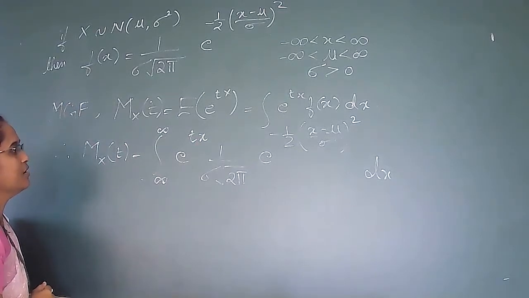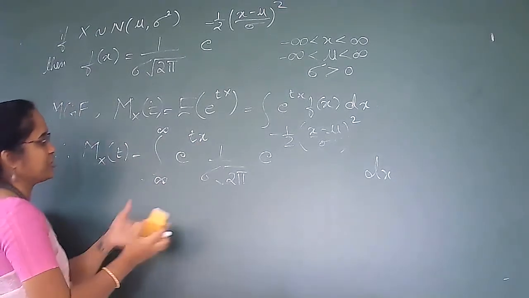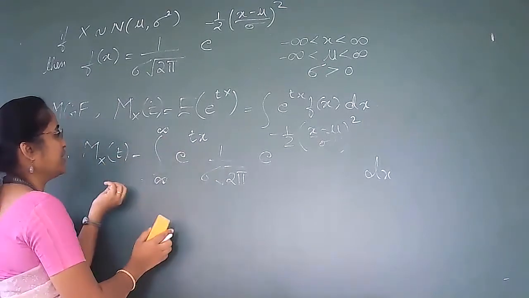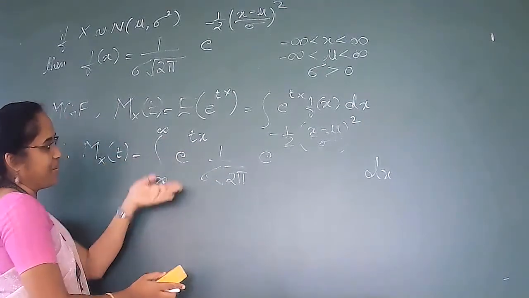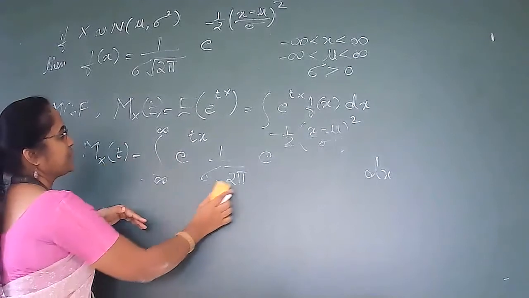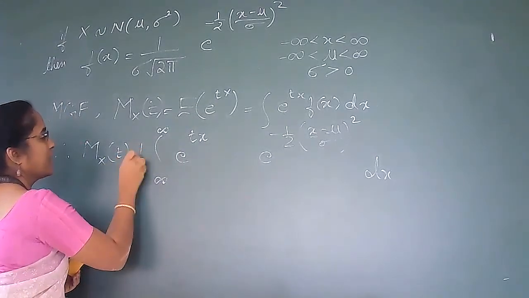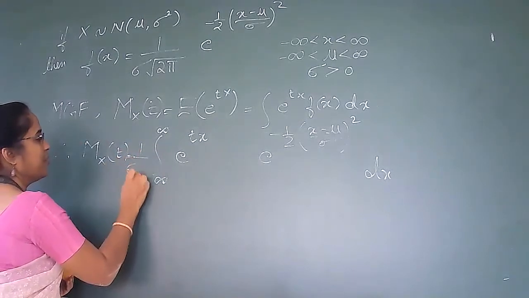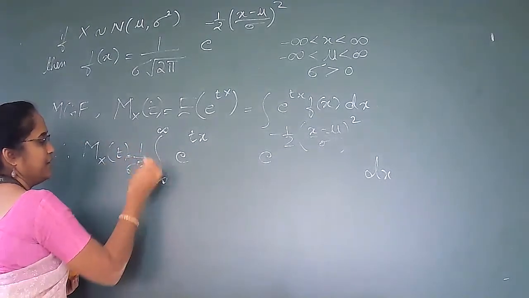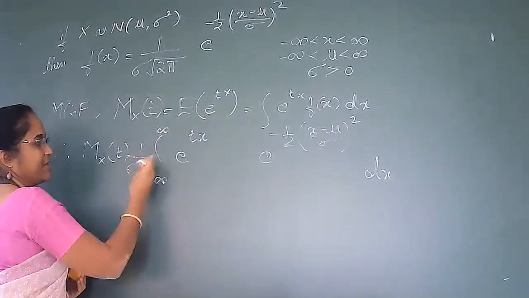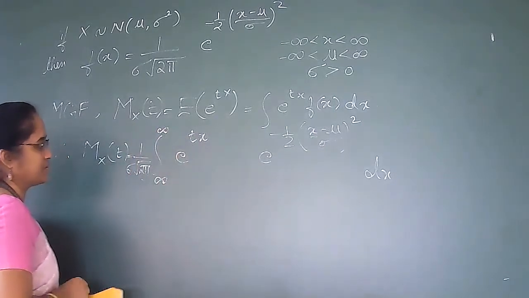So this is equal to 1 upon sigma root 2 pi, outside the integral, and I'm left with these things.